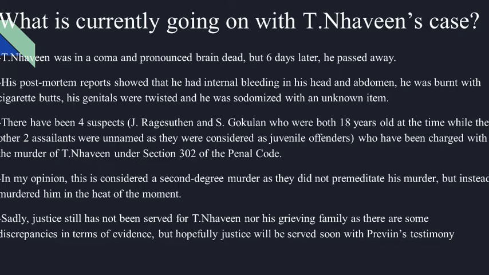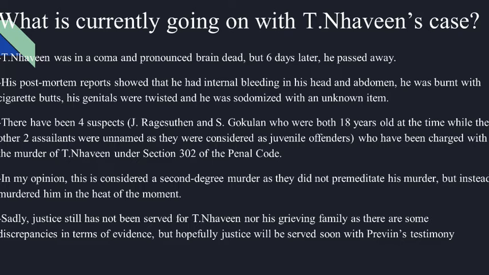There have been 4 suspects: Ragasudam, Waklam, who were both 18 years old at the time, while the other 2 assailants were unnamed, and they were considered as juvenile offenders, who have been charged with the murder of Haven under Section 302 of the Penal Code.